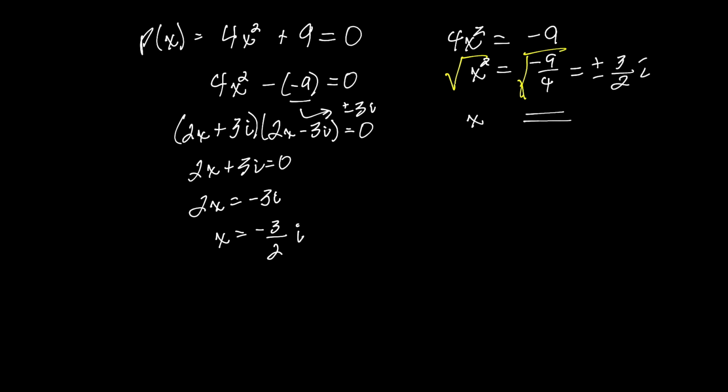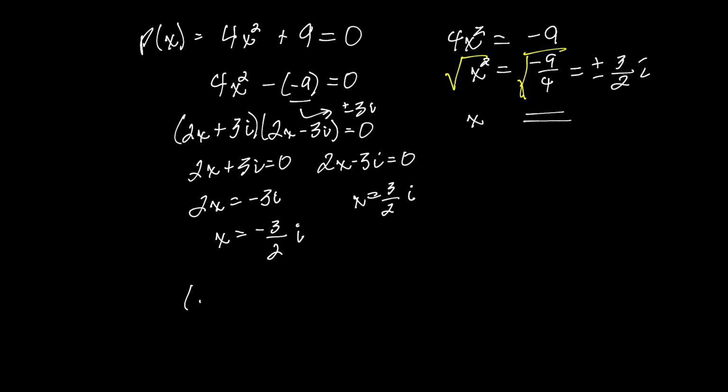But until we get comfortable dealing with fractions, sometimes setting it up this way helps students see it a little bit easier. So this is just a little trick. It may help you, or you may prefer to do it the old-fashioned way. Finishing this off, if 2x minus 3i equals 0, then x would be 3 halves i. Then, if you wanted to write out the factors, what would you have to do?